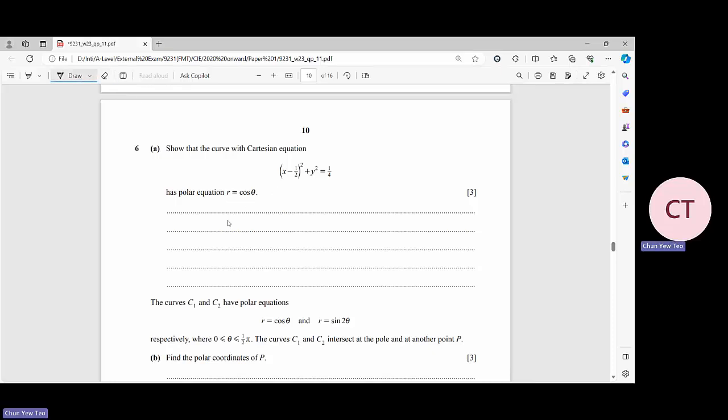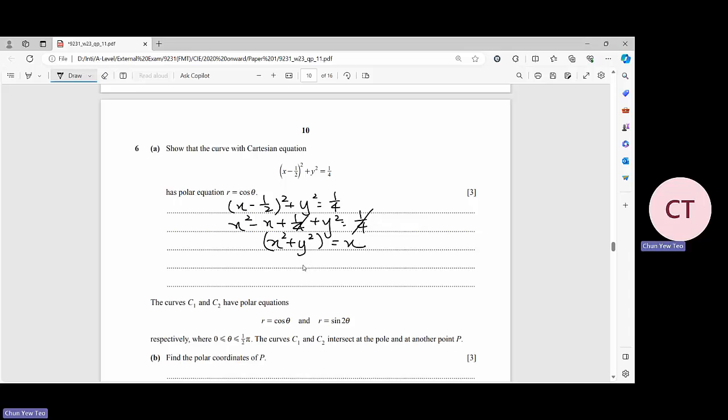So what we need to do now is that at first, (x minus half) squared plus y squared equals 1 over 4. We just expand them. So you can see that the 1 over 4 can be cancelled off. Rearrange everything, let x squared plus y squared equal x.